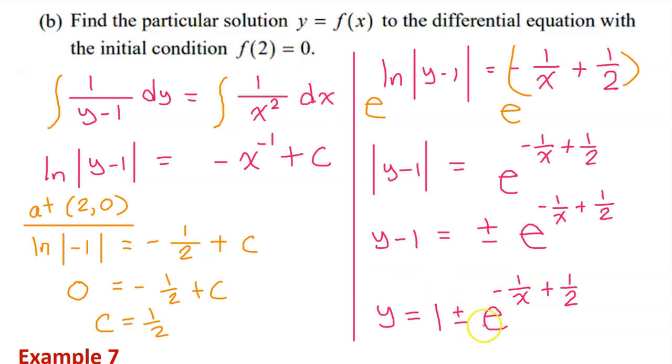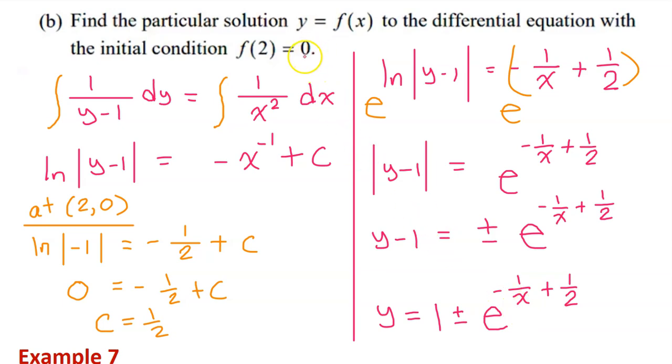We need to pick the version such that if we plug in 2 for x, we will get 0 for y. So let's see, if we plug in 2 for x right here, then we have negative 1/2. Negative 1/2 plus 1/2 is going to be 0. E to the 0 power is 1. So the right-hand side of the equation is going to be a 1.